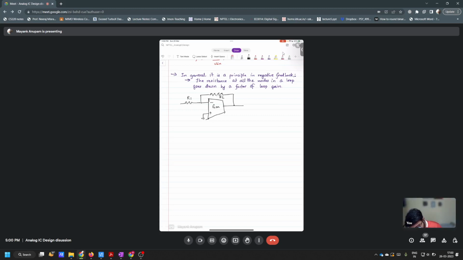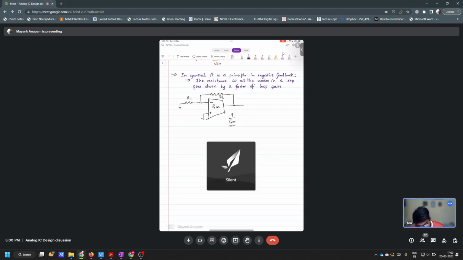When you put it in negative feedback, the output resistance here goes down. It simply becomes 1 over gm. Otherwise, without this connection, the output resistance is infinity, isn't it? But when you put this connection here, this becomes 1 over gm.